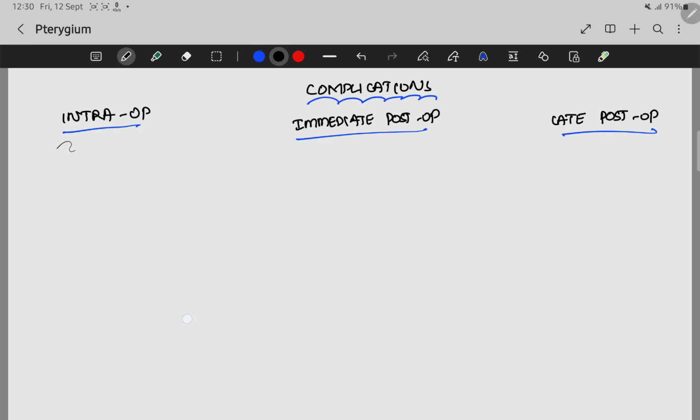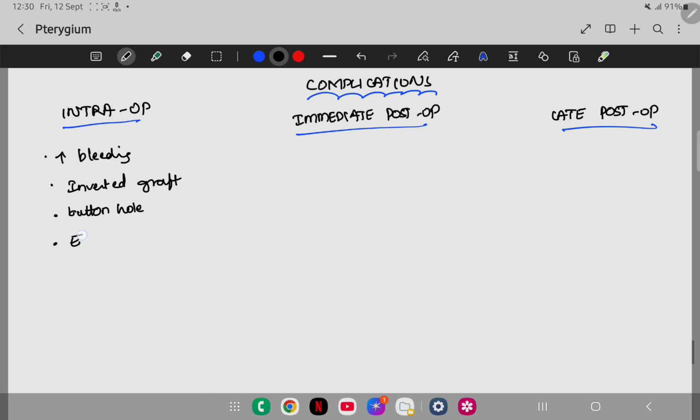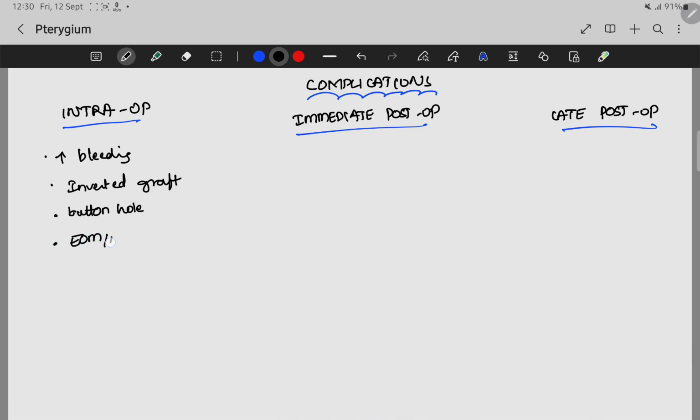Coming to the intraoperative complications, there are chances of bleeding, inverted graft, buttonholing, or extraocular muscle damage, that is the medial rectus.